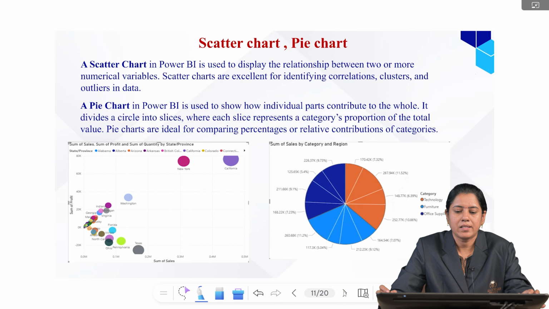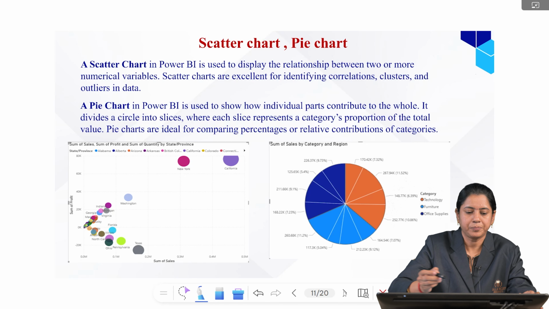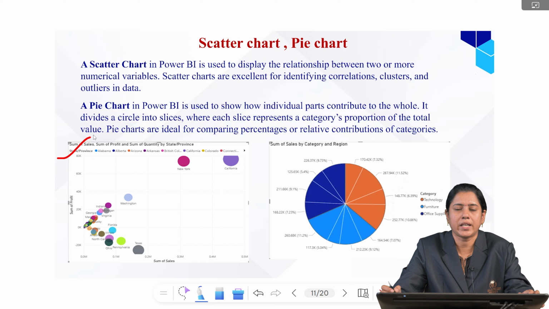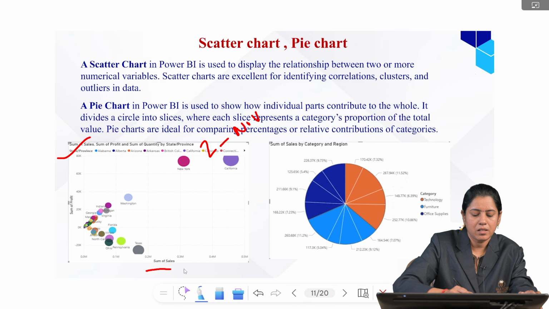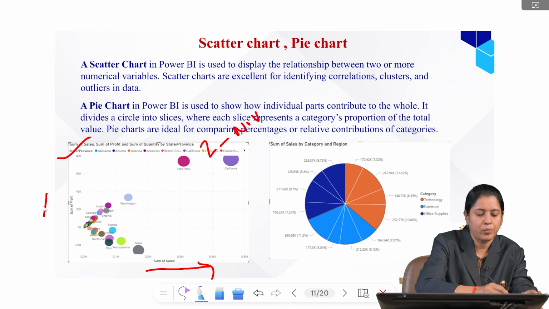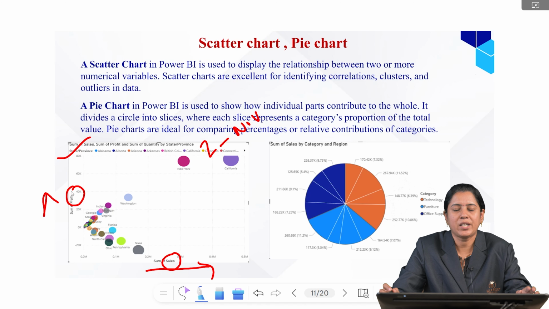The next charts are the scatter chart and the pie chart. The scatter chart is generally used to compare two numerical variables. Observe here, this chart is between sales and profits. Sales and profit are both numerical variables.